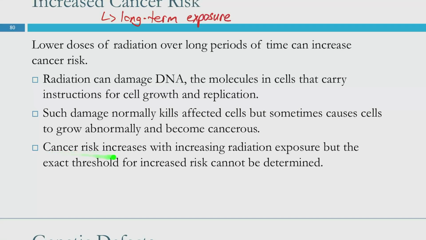So your cancer risk is going to increase with increasing radiation exposure, but there's not really an exact threshold. So like less radiation is better. It's a little bit like lead poisoning.